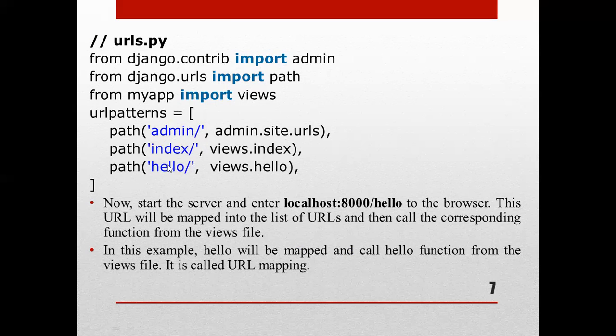Here this is the route, this is the arguments and this is the view. Here you can see admin.site.urls. Then for the index, path index, views.index, and we have created one function hello for the path hello, comma views.hello. Inside that views we have created that hello function.